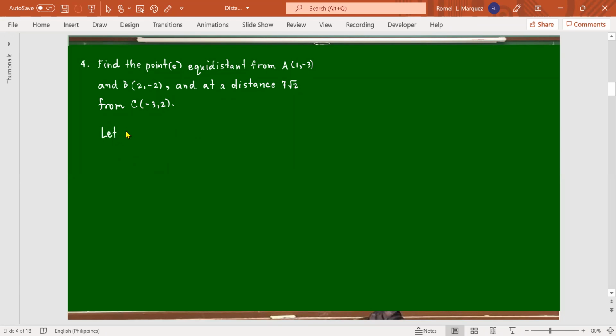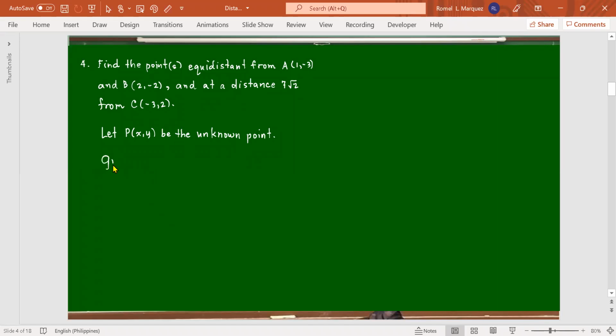Let the point P, (X, Y), be the unknown point. So there are two variables involved, X and Y. So it means later we have to form two equations, no? For us to be able to solve X and Y.